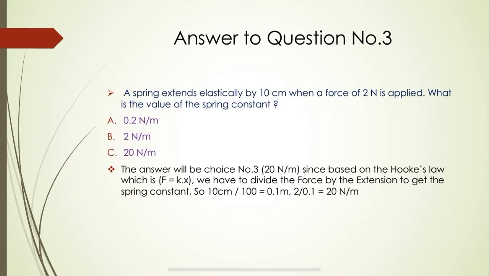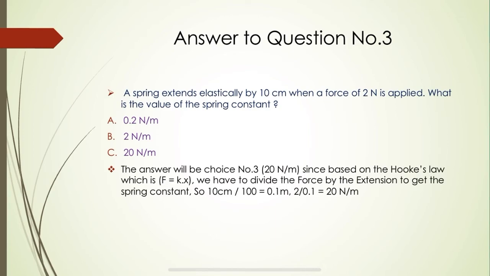So in that case, we have to ensure that all the units are based on SI units. And also, guys, it depends on the choice. If it was written N over centimeter, no need to convert that 10 centimeter into meter, because the answers are not in SI units and the denominator is centimeter and not meter.